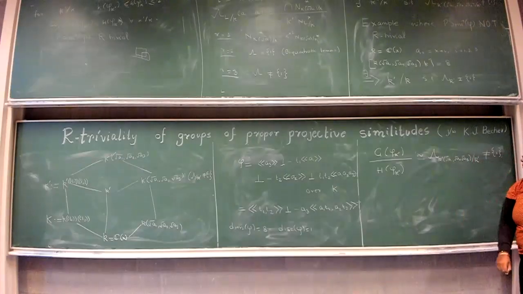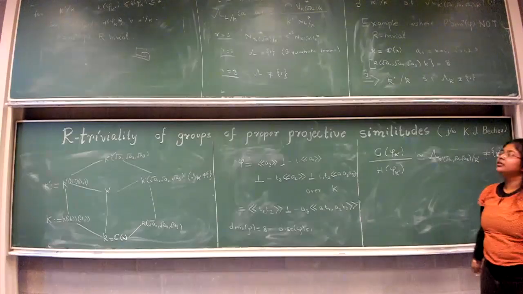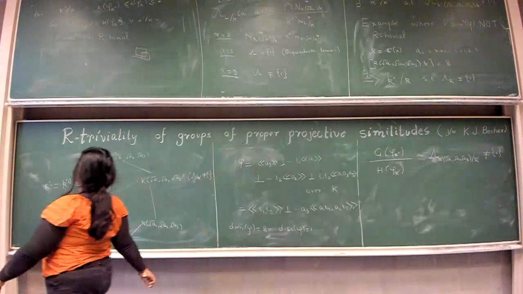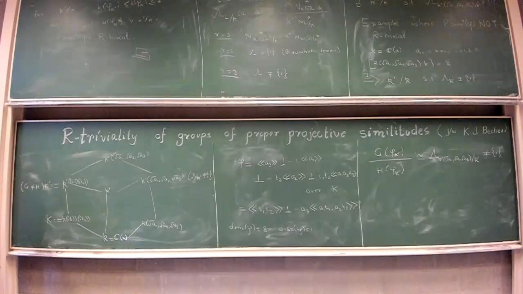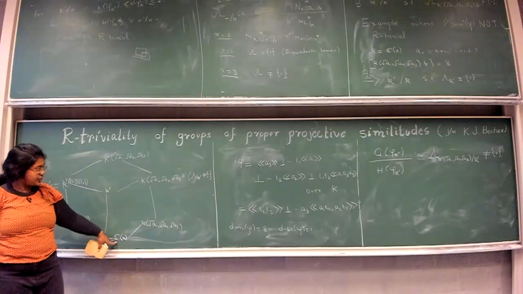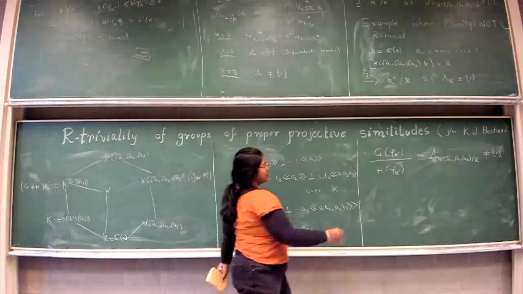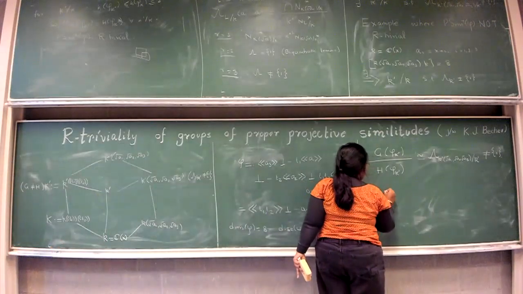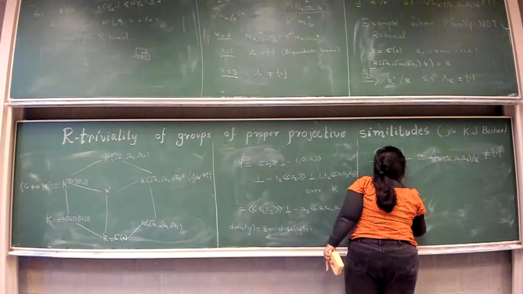Which is not trivial. So over this K prime here we will have G not equals H. But also note that for any finite extension over C of X, the norm map is surjective.